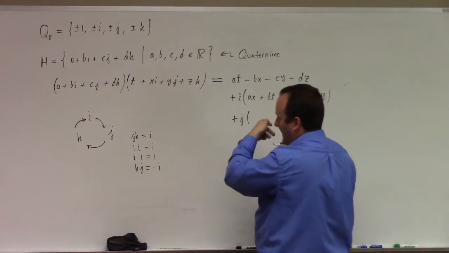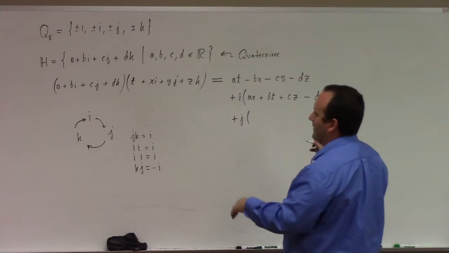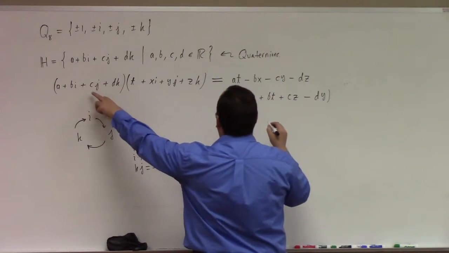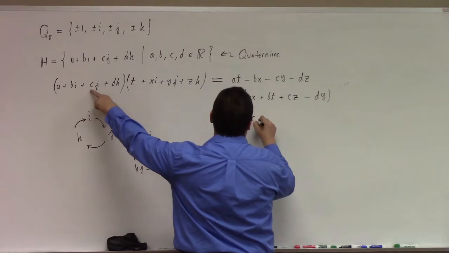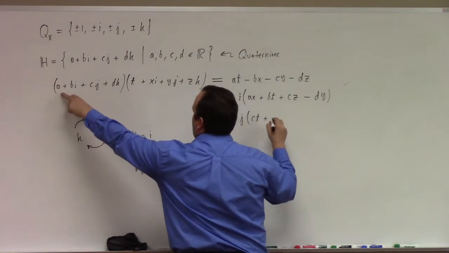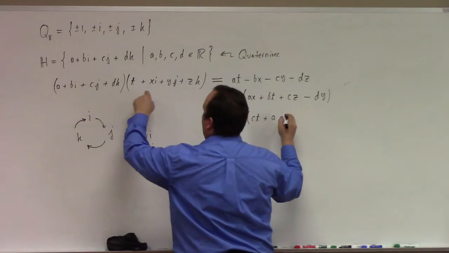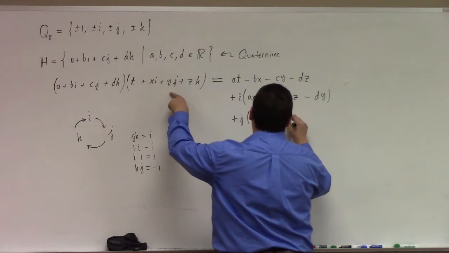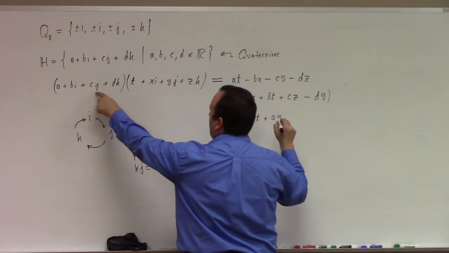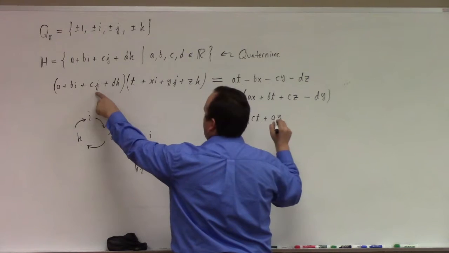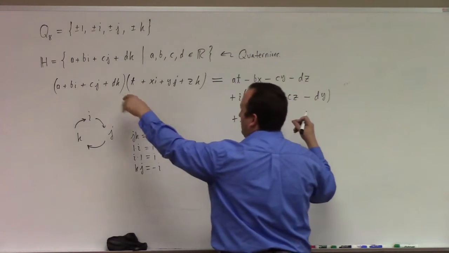Plus j. Here for j I have, of course, ct and ay. Now I'm trying to get j's.